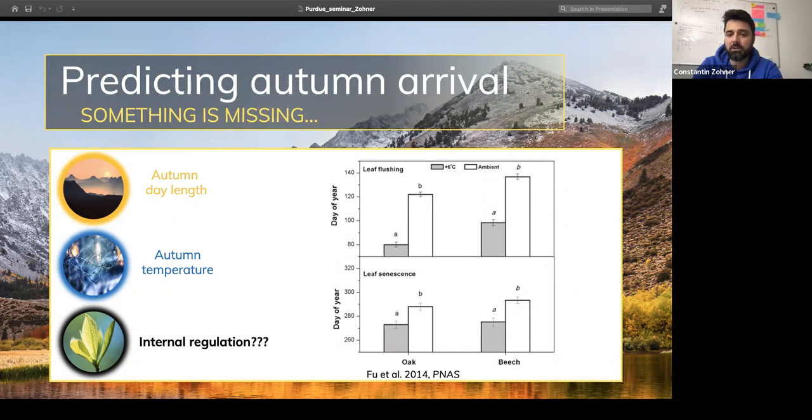So the warmer it was in spring, the earlier species leafed out. And then these plants were kept under the exact same conditions during the growing season. And we still saw differences in autumn senescence. So those trees that leafed out earlier also senesced earlier.